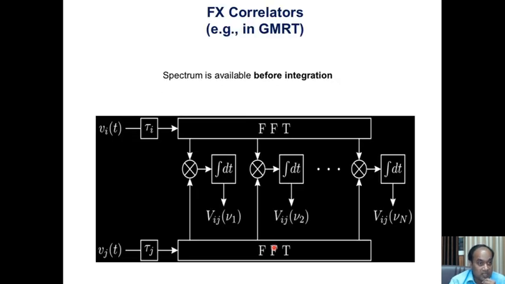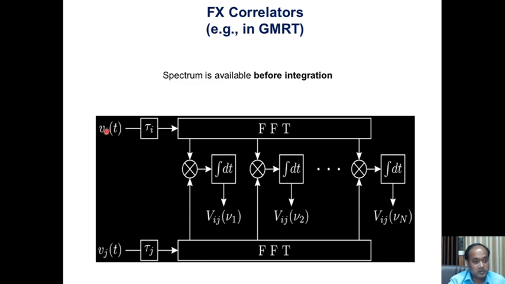We will see how that is done. For instance, there is a scheme called the FX correlator, which means that you first do a Fourier transform and then multiply the two signals. Remember that in a radio telescope like GMRT, or another telescope like the Very Large Array, you have multiple antennas, and the signals are combined. So if you have n antennas, n signals are combined.